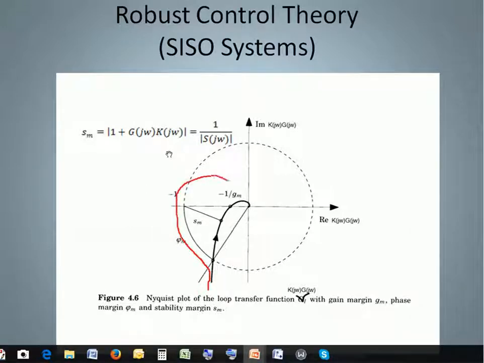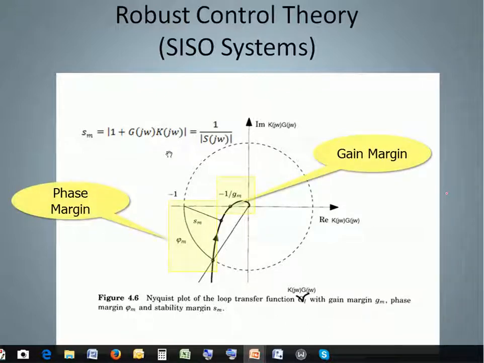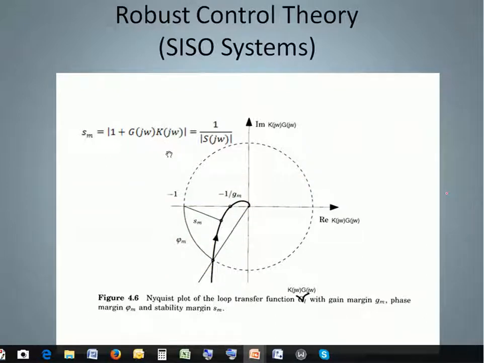In the case of the red Nyquist, the Nyquist stability criterion tells us that the closed loop system is unstable. And now let's go back to the original Nyquist. By checking its phase margin and gain margin, we could conclude that the closed loop relative stability is very good.